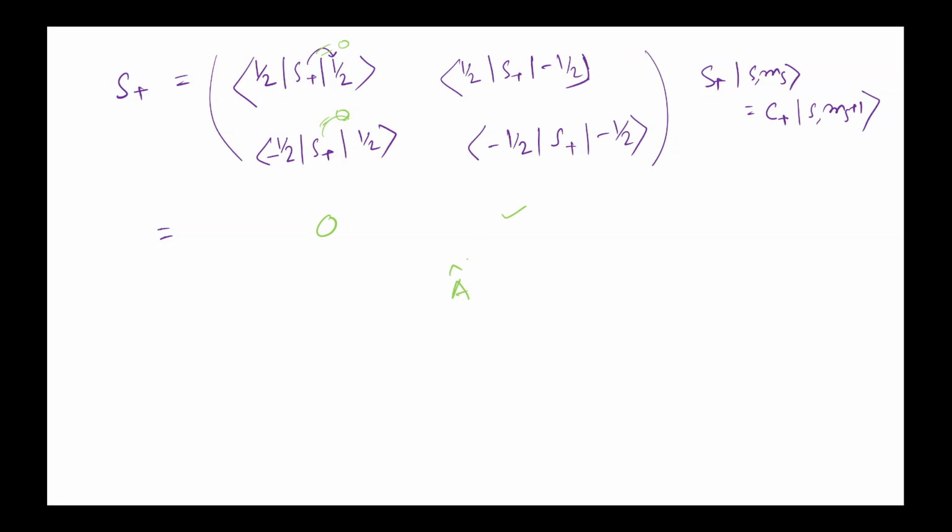So any operator, let's say any operator A, you can write it as a unit operator times A times a unit operator. I think you all know the resolution of identity.